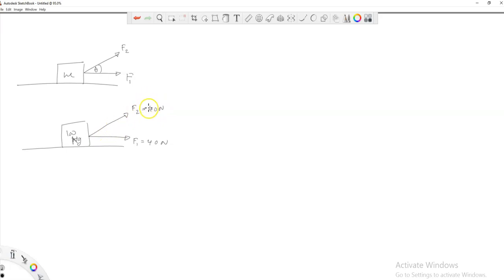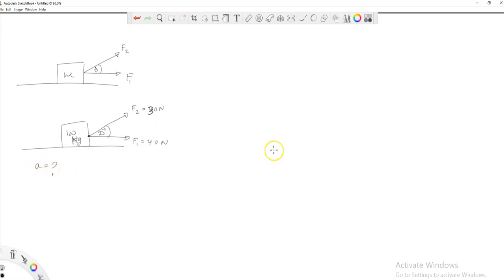Actually, to make things simple, let me make it 30 so that you won't get confused. 30 newtons, and this time let's make it 25 degrees, otherwise too many 30s. Two forces acting on the same object. The question is, what's the acceleration?